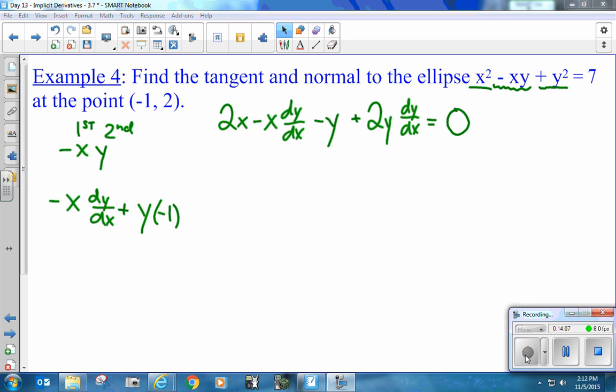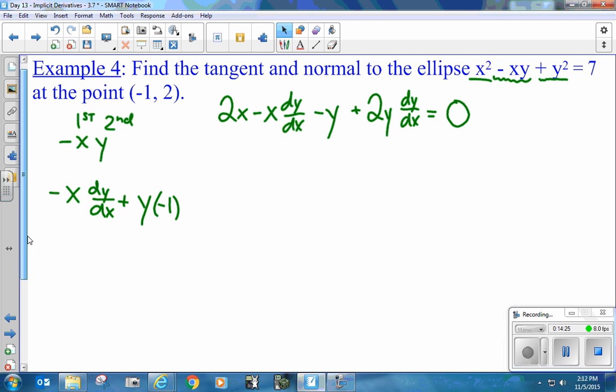Now, if we have 2 dy dx's, what do I want to do in order to get it alone? Yeah, I want to get all my dy dx's to one side, factor it out, then divide by what's left. You see what I'm saying? So, let's do this.